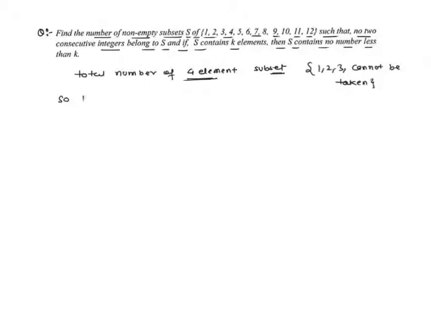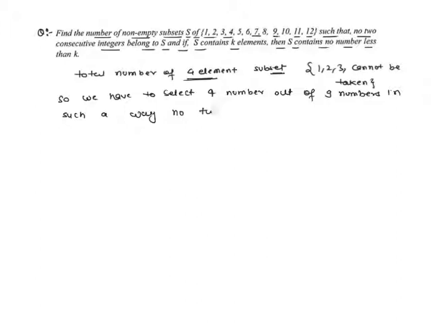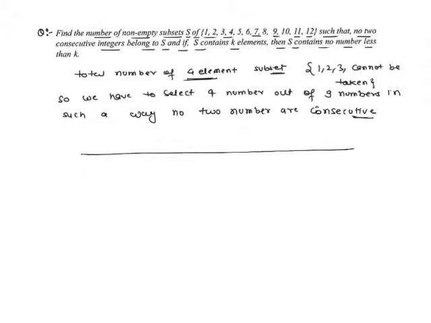So we have to select 4 numbers out of 9 numbers in such a way no 2 numbers are consecutive. So this we can do by drawing number line.